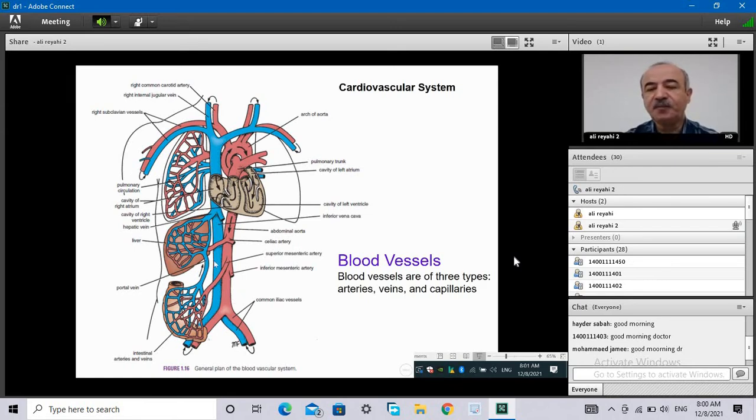There are three types of vessels in our body: artery, vein, and very small, microscopic vessels called capillary.